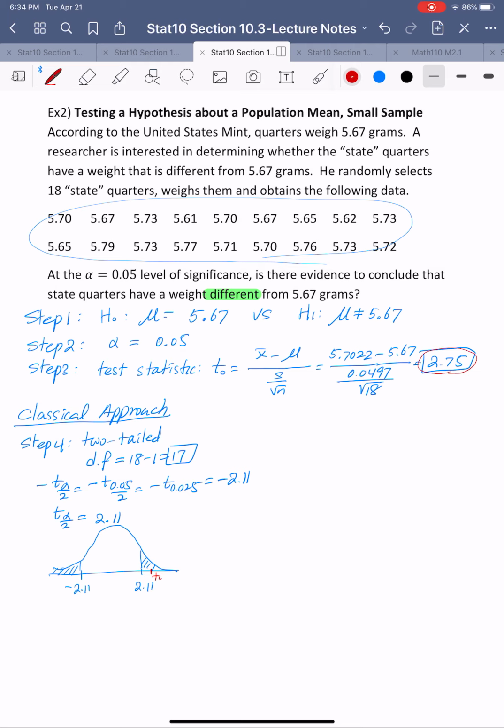So this is t sub 0, which falls in here, which is 2.75. So since the test statistic falls in the critical region, now we have to reject the null hypothesis.